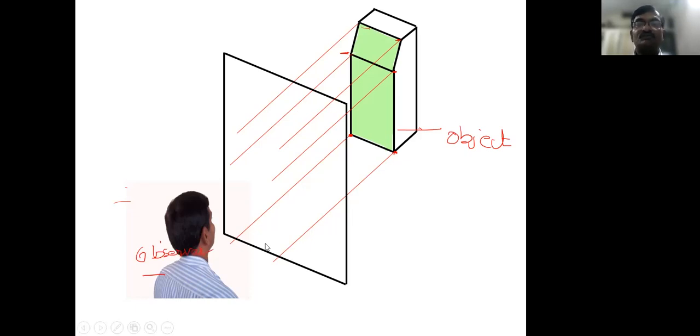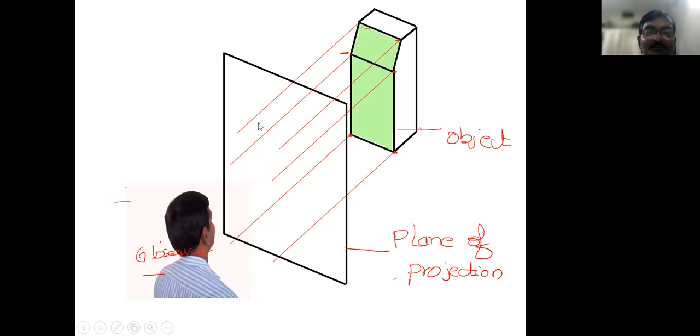Between the object and the observer there is one transparent plane. This transparent plane is called the plane of projection. Now just see.